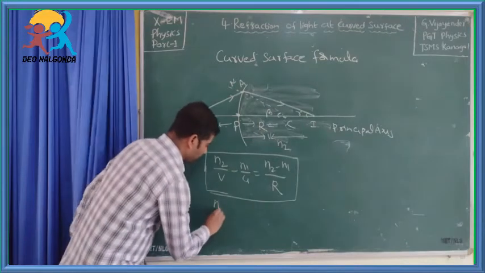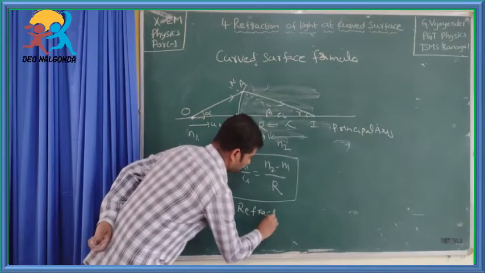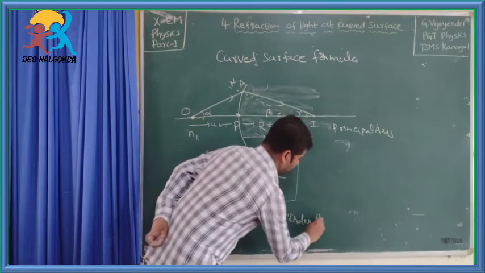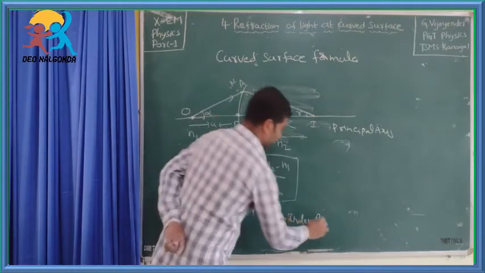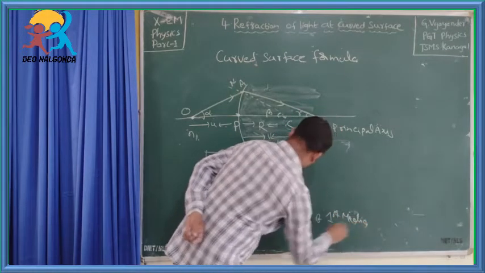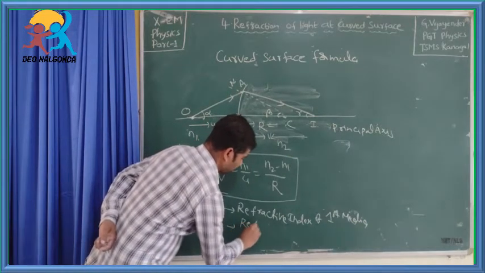This is called the curved surface formula. Here n1 is the refractive index of the first media, n2 is the refractive index of the second media.